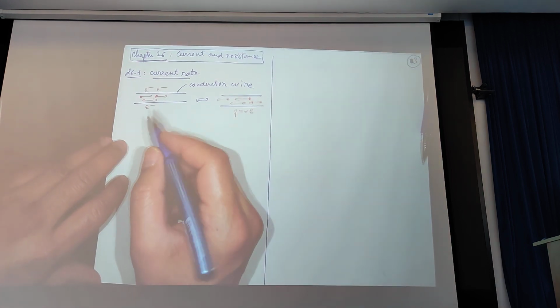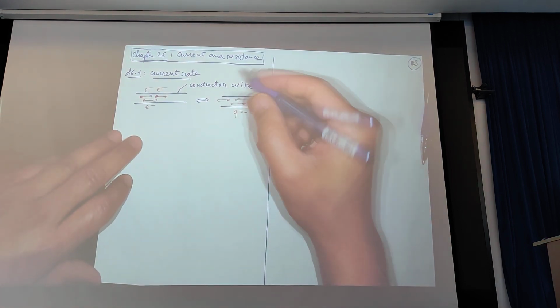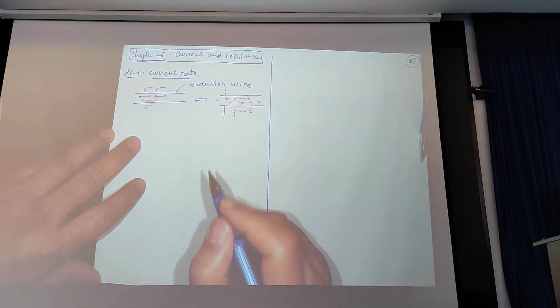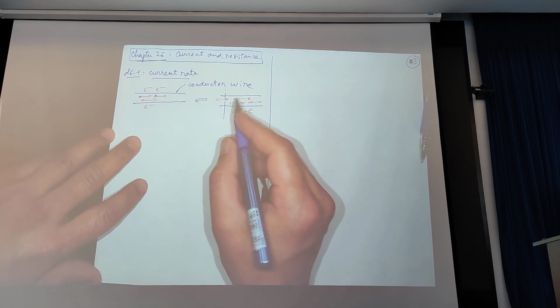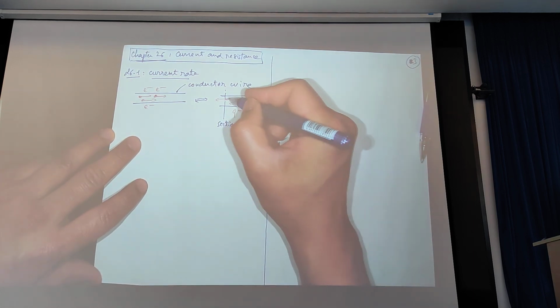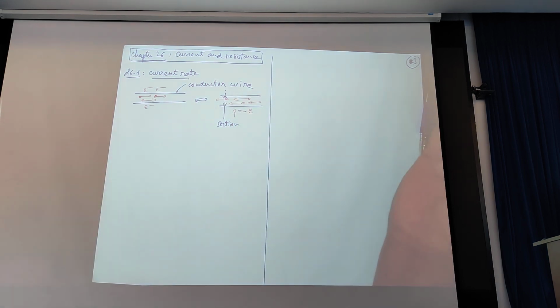So now let's consider a section. This is a section of the wire.